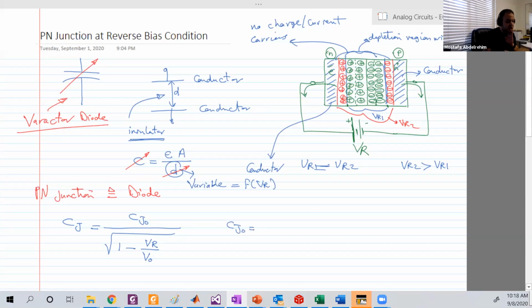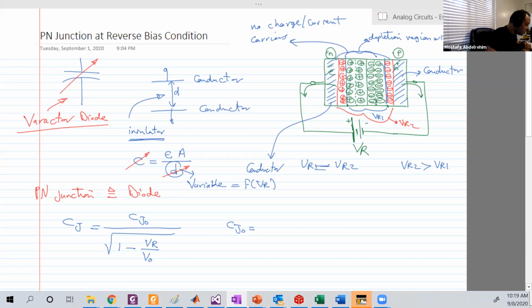It depends on the doping and all such characteristics of the materials that construct this PN junction or diode.